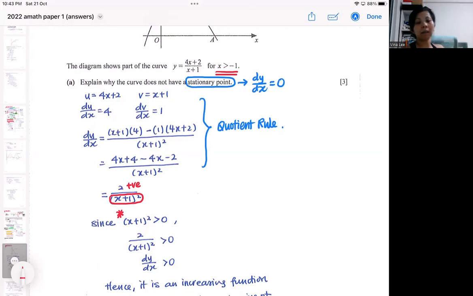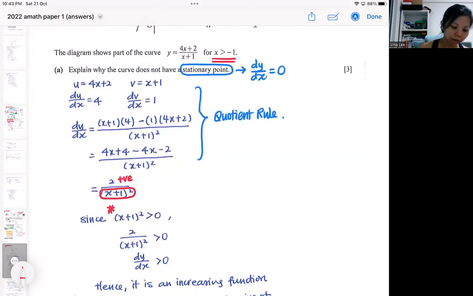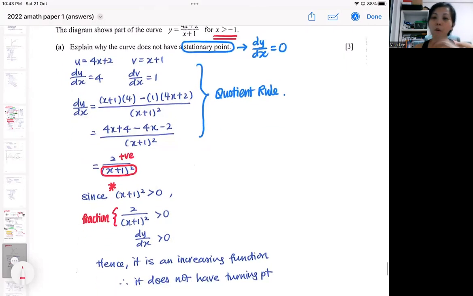However, the denominator is not a number, so you need to explain that it is a positive function. If the numerator is a positive number and the denominator is a positive function, that will make the whole fraction positive.